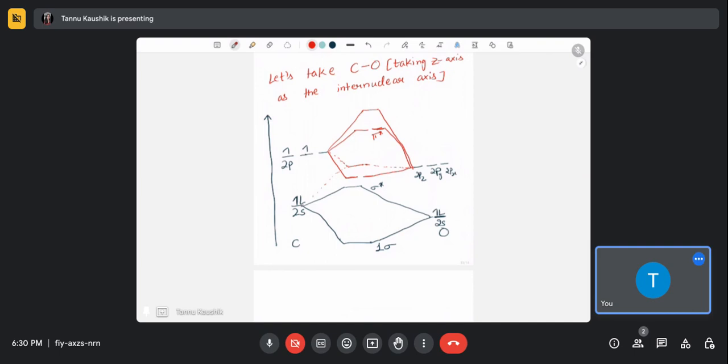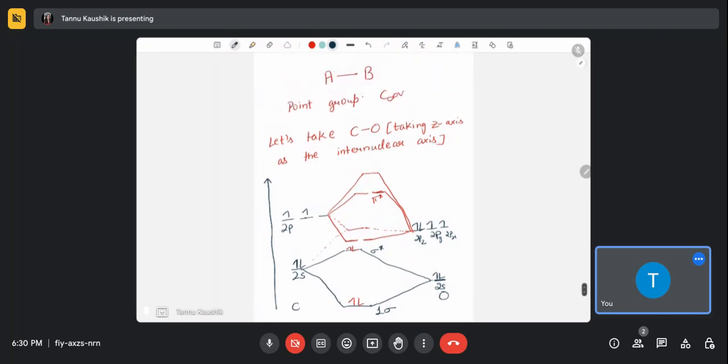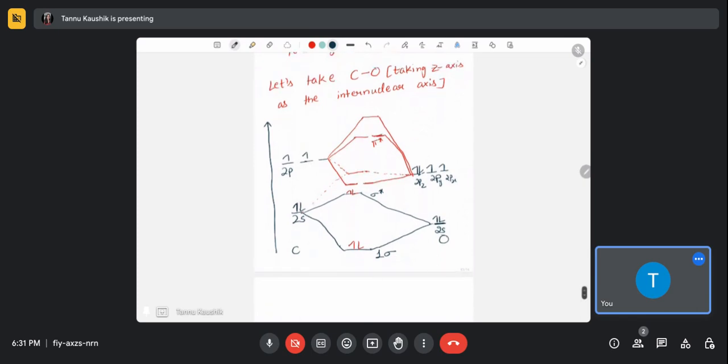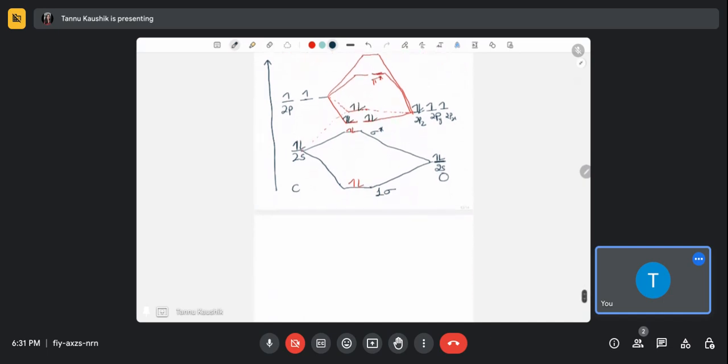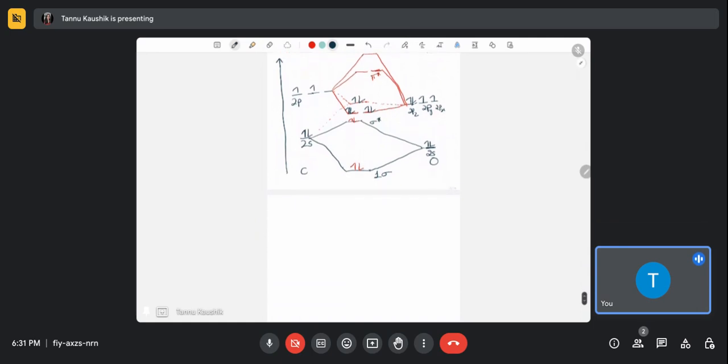Now if we fill up the electrons, we have 6 electrons in the bonding molecular orbital.